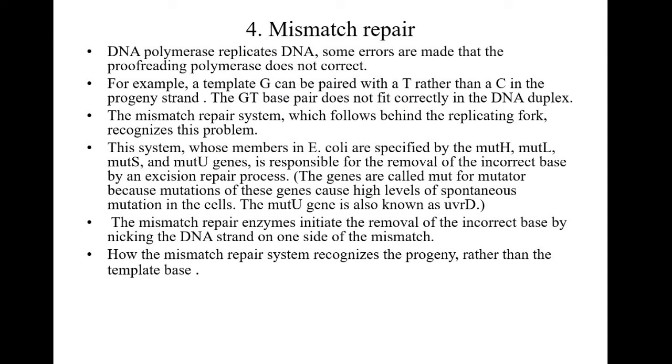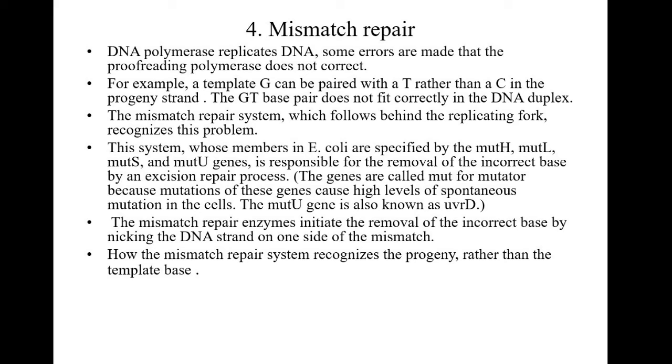The next one is mismatch repair. What is happening in this repair mechanism? In replication, the DNA polymerase replicates the DNA. Some errors are produced despite the proofreading activity of the polymerase.